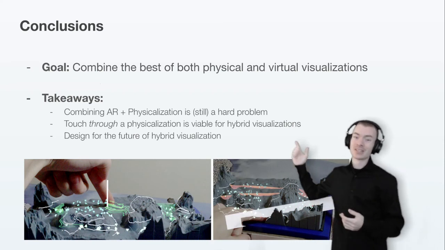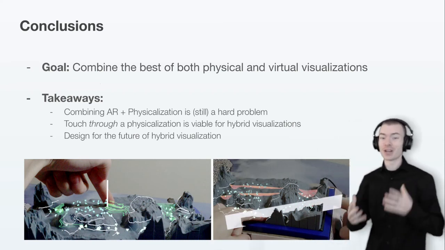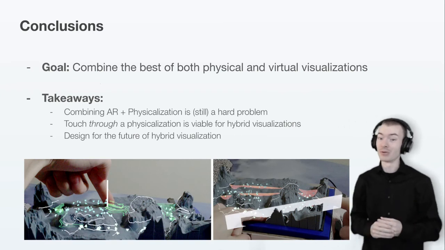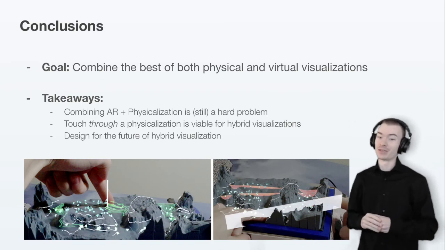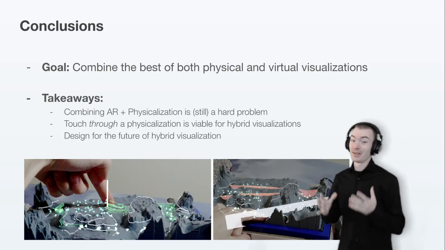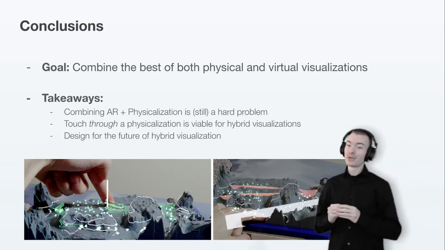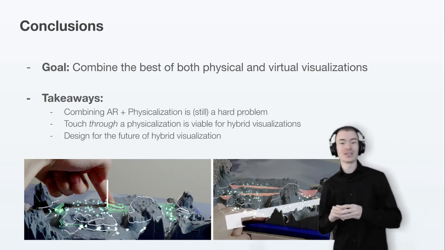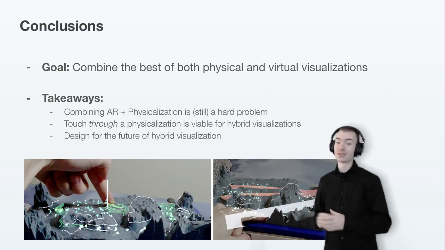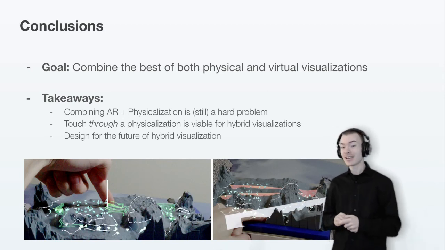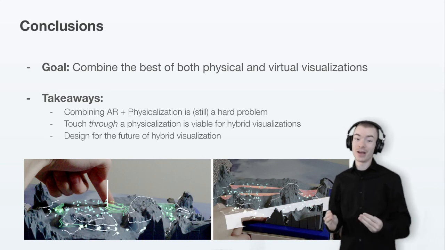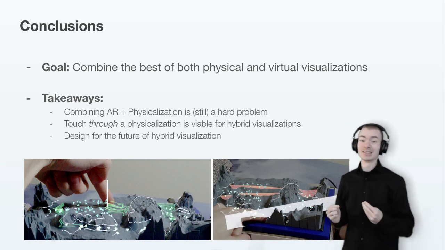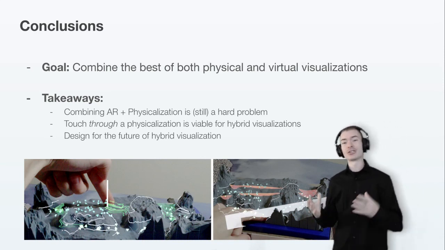Through our process, we found that the approach of touch through physicalizations is viable as an input mechanism for hybrid visualizations. But we also need to design for the future of hybrid virtual and physical visualization, including adapting current visualization software to a tangible context and continuing to develop hybrid visualizations that lead to greater clarity and communication of our data.